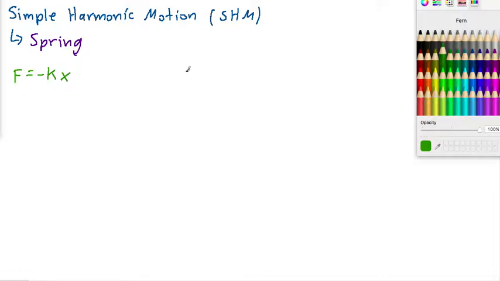And that's the case where a spring is right here, attached to a wall, and this is your x naught. However, I also want to express the fact that the force can also be equal to kx.